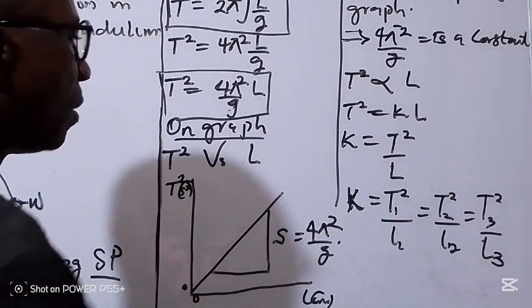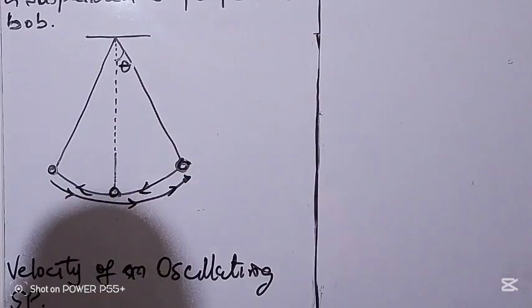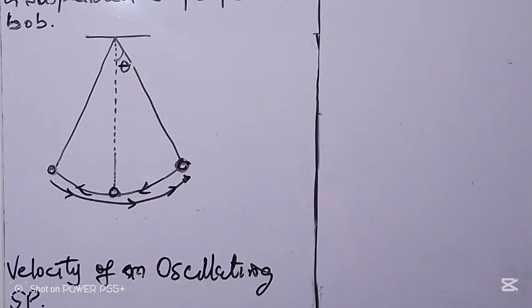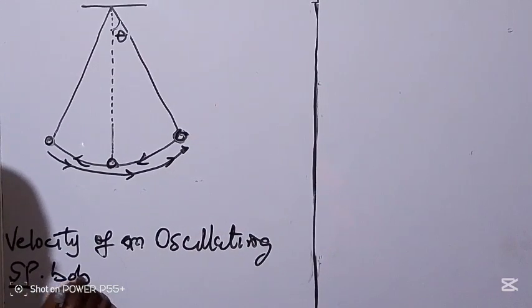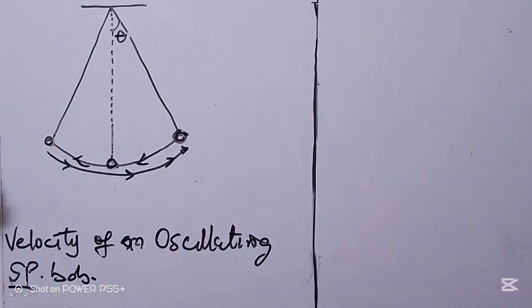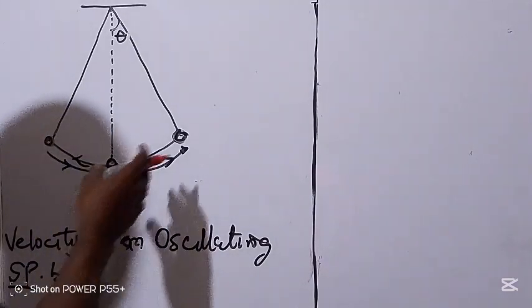Next thing is the velocity of an oscillating simple pendulum. Now, from the diagram on the board, we want to consider the velocity. We need to note the energy at each point.